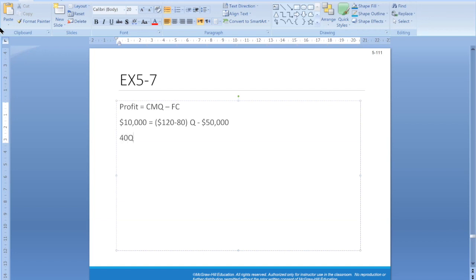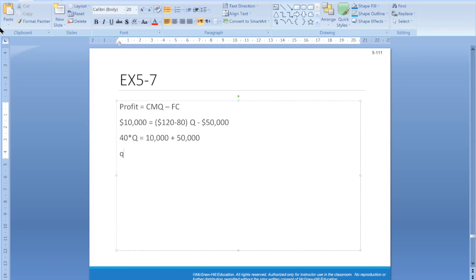Now we can say 40Q equals 10,000 plus the 50,000. If we move the 50,000 to the other side, then this would be 10,000 plus the 50,000.